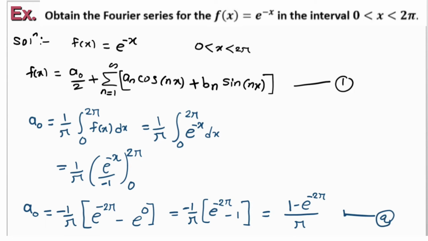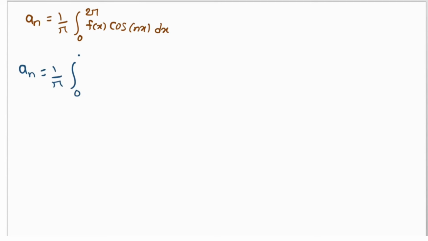Similarly, find an. The formula of an is 1 upon pi integral 0 to 2 pi f of x into cos nx dx. So here the function is e raised to the power minus x cos nx dx.